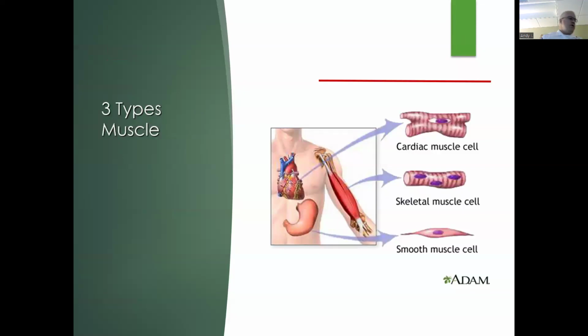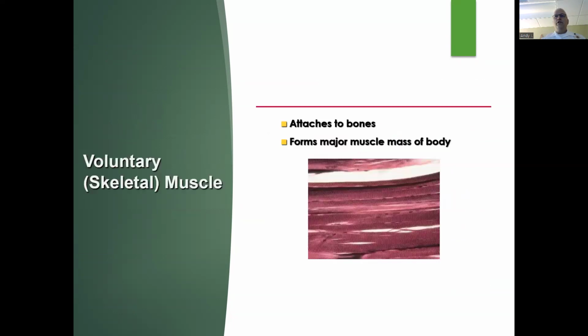So in the body, there's 3 types of muscles. There's the cardiac muscle, which is absolutely amazing. There's skeletal muscle, the muscles that give us the ability to move. And there's smooth muscle, that muscle that we don't have to think about to use. When we talk about the skeletal muscles, those are the voluntary muscles. These are the ones that attach, those 600 muscles that attach to the bones.